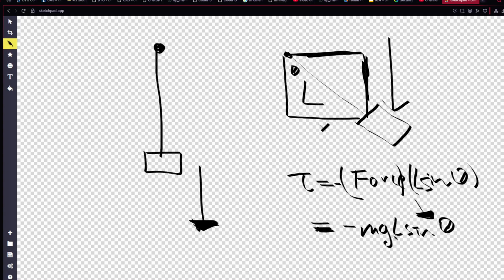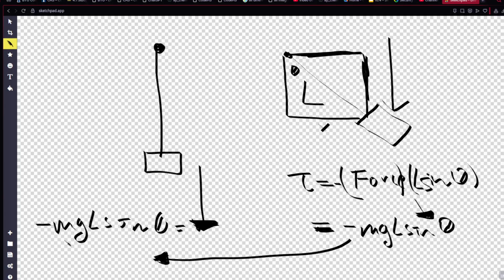So if we know that this is the torque, what did we know before? Well, we knew that torque is equal to another form of torque, which is the moment of inertia times angular acceleration. First, let's solve for the angular acceleration, because that's what we're trying to find here with that torque.